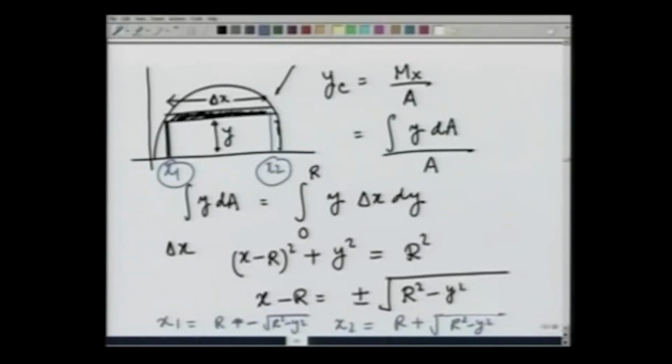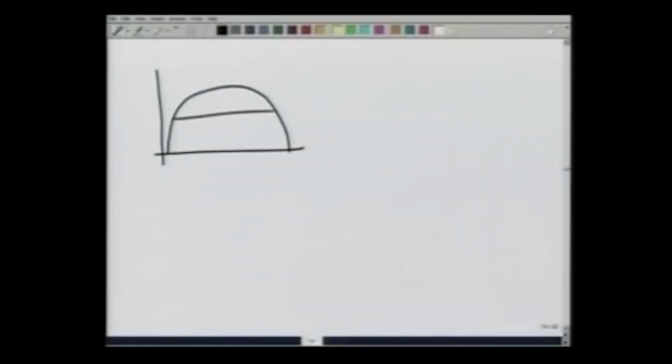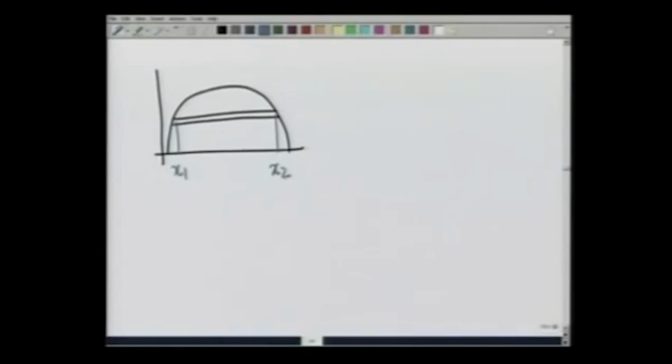And therefore, delta x, again let me make this figure, this is x1, this is x2, delta x is going to be x2 minus x1, which is equal to 2 square root of r square minus y square.